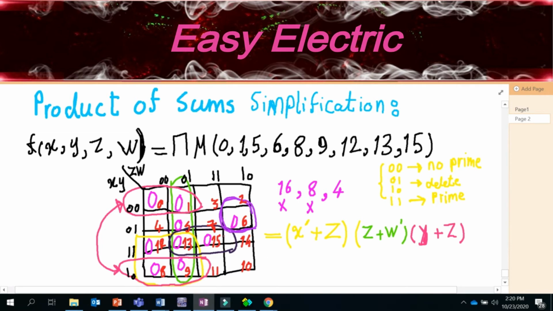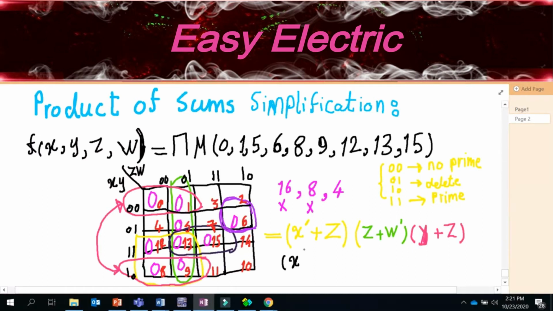Here we have the black group of 2 members, 13 and 15. Let's change the color and write the corresponding term for that one. As you can see, we have 13 and 15. Again, check the x and y. X and y is 1 and 1, so they should get the prime in the corresponding term.